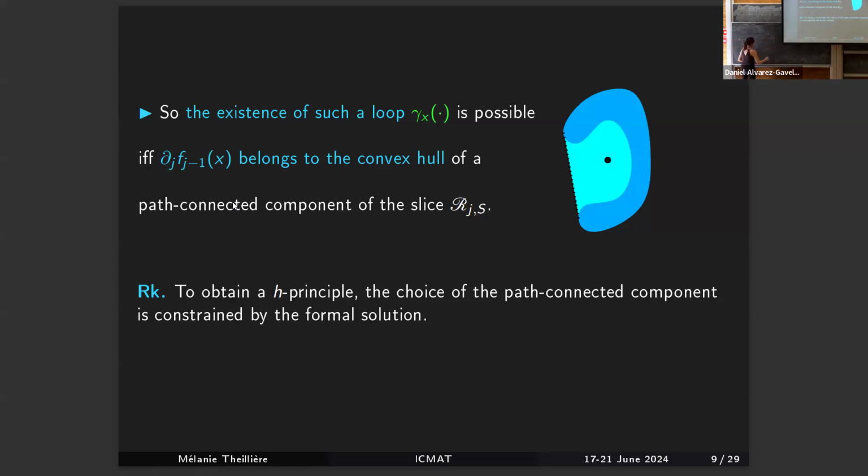So there are two path connected components. If I choose a formal solution here, I want to deform it, but I can't switch to the other path component to get the good average. So I have to be really careful when I choose a formal solution to be on the path component which always contains the derivative in its convex hull. We really need to be careful about it.